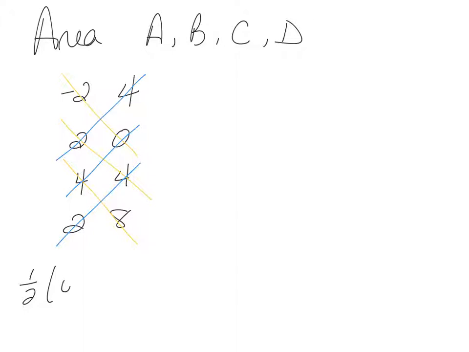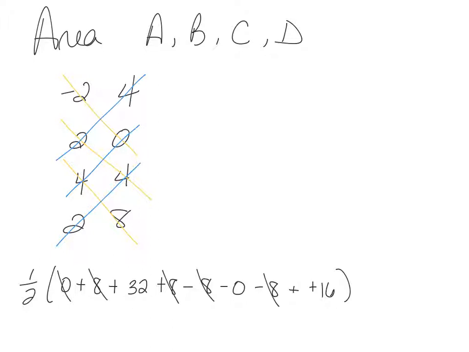-2 times 0 is 0, plus 2 times 4, plus 4 times 8, plus 4 times 2, minus the blues, 8, minus 0, minus 8, minus a -16. Let's get rid of, I got a +8 and a -8, a +8 and a -8.